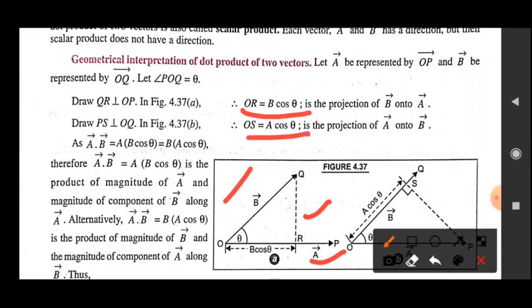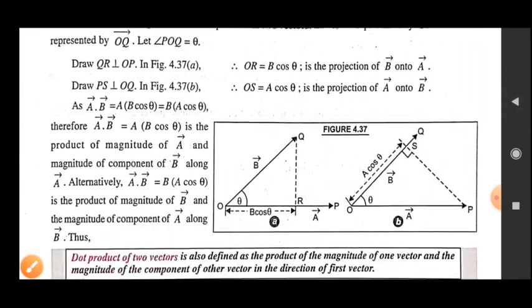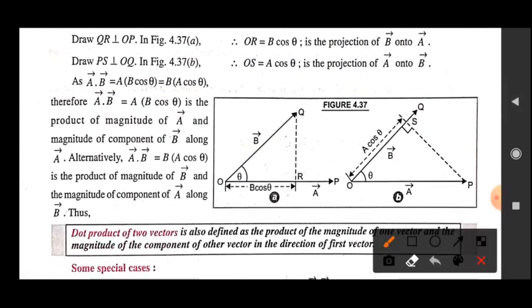Similarly, OS can be written as A cos theta if we draw PS perpendicular on OQ, where you can see in this figure that the perpendicular is drawn on OQ. So at that time you can write this value.